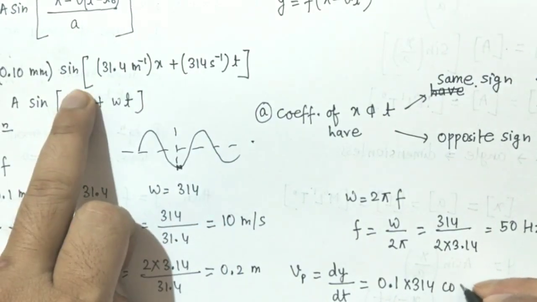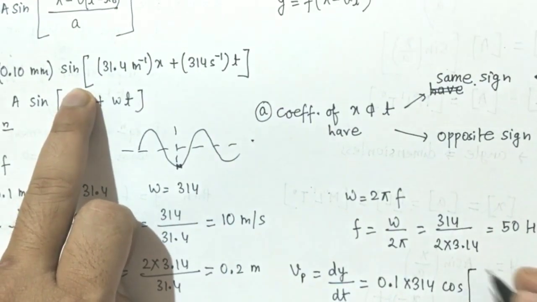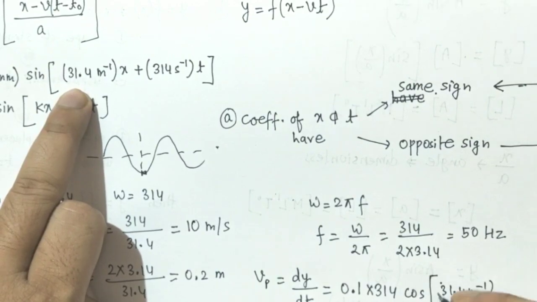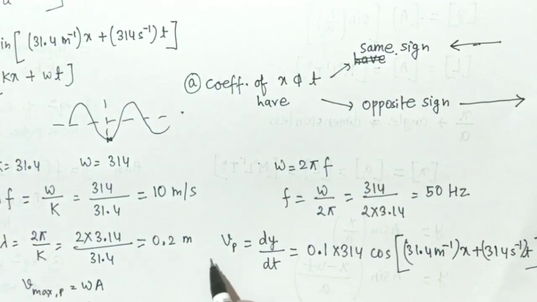Now the sine changes to cos and the remaining term is the same: cos(31.4 x + 314 t).